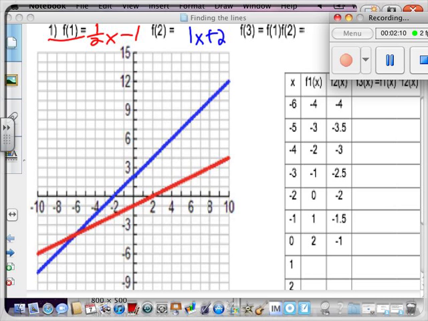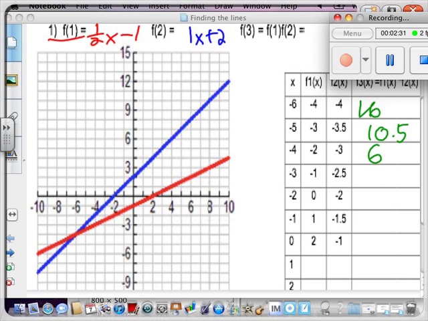All right, so let's start with this. What would negative 4 times negative 4 be? Okay. What would negative 3 times negative 3.5 be? 10.5. Negative 2 times negative 3 gives me a positive.